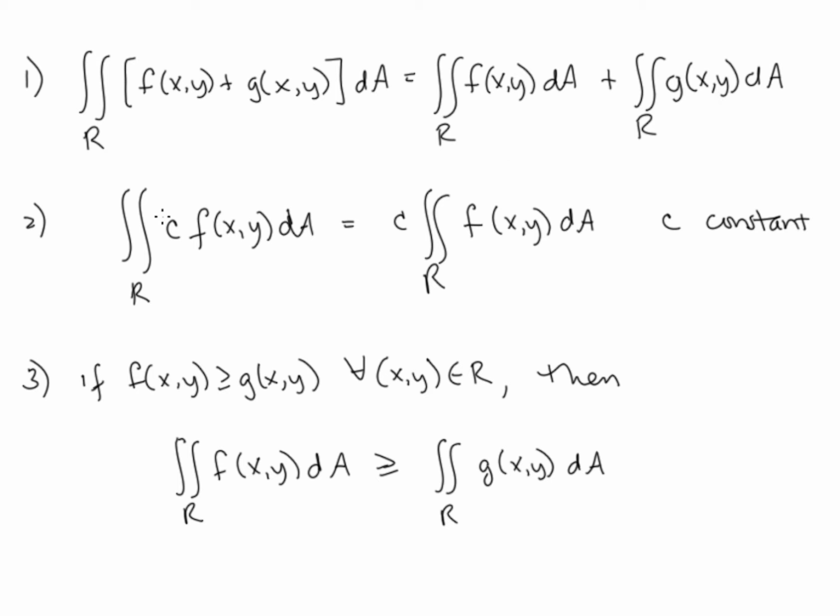If we have the double integral over R of a constant times a function, we can pull that constant out of the double integral. And if f is greater than or equal to g for all points in R, then the double integral over R of f is greater than or equal to the double integral over R of g.